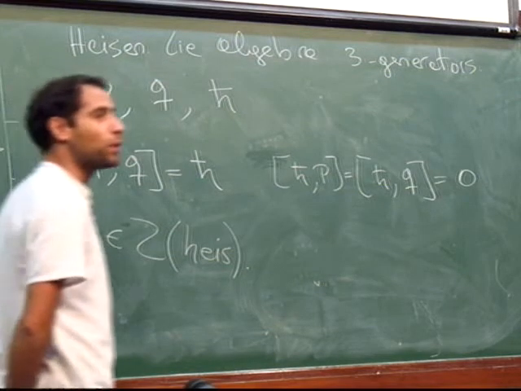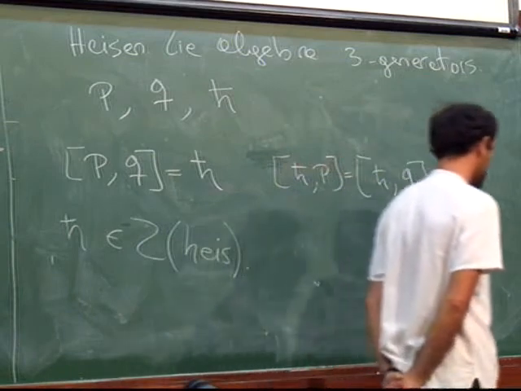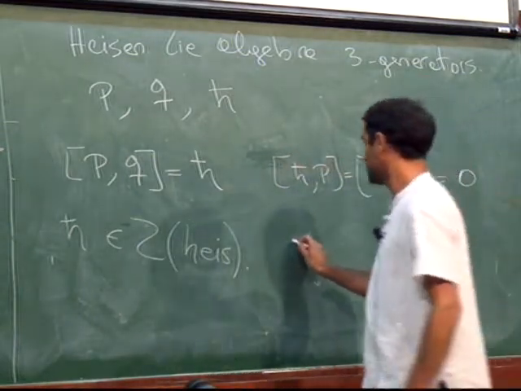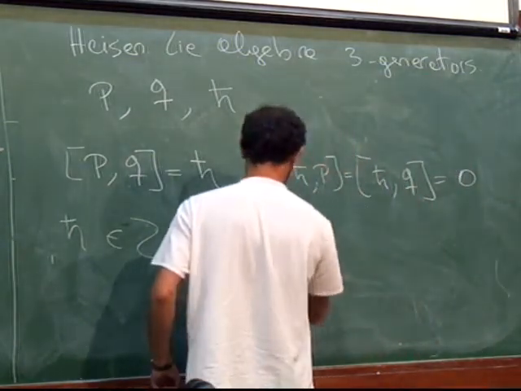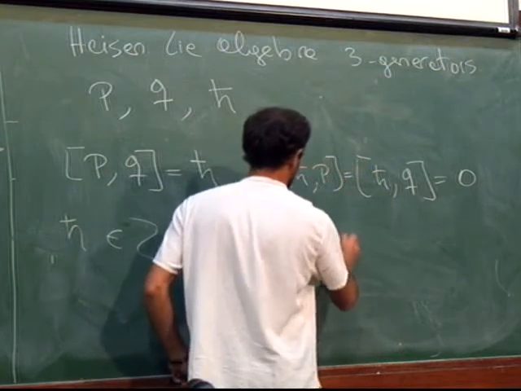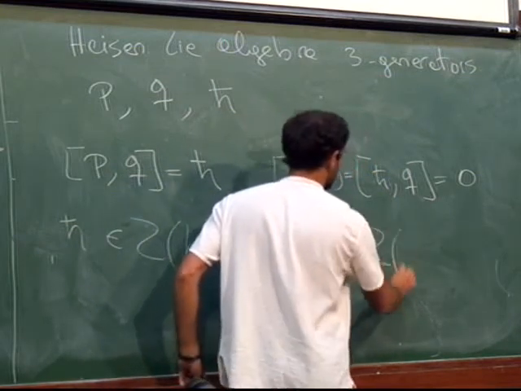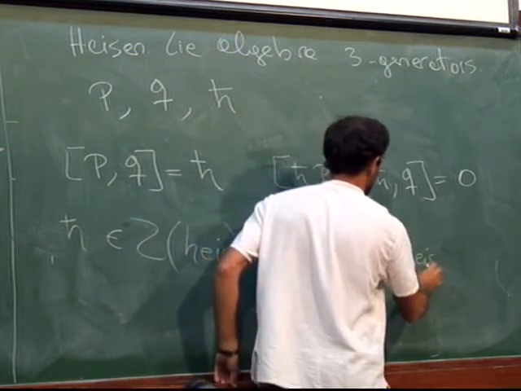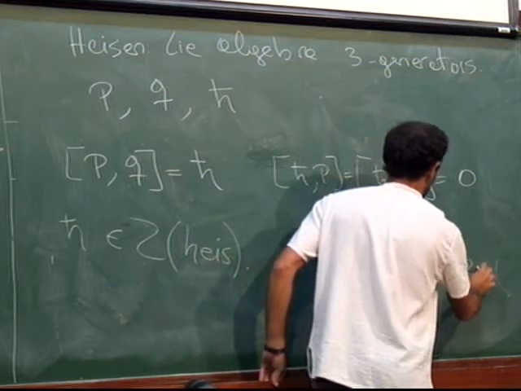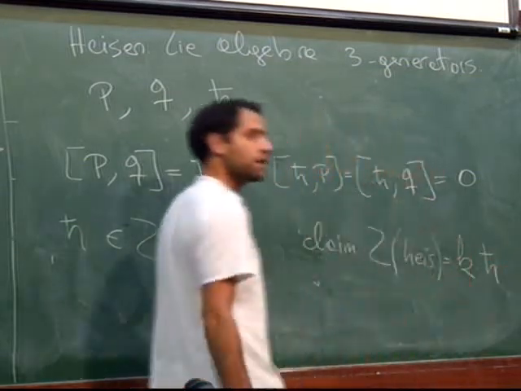Let's prove that this is all the center. So I claim that the center of Heisenberg is just the subspace generated by H bar.